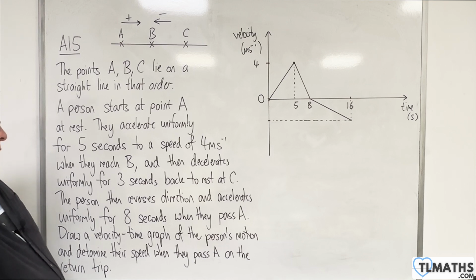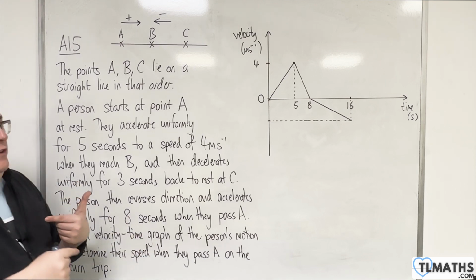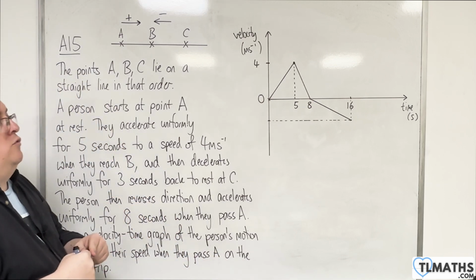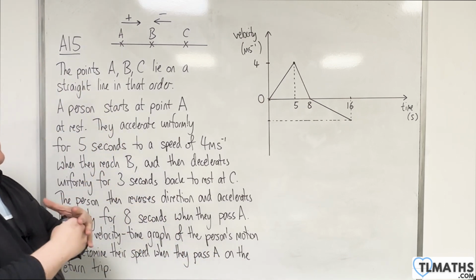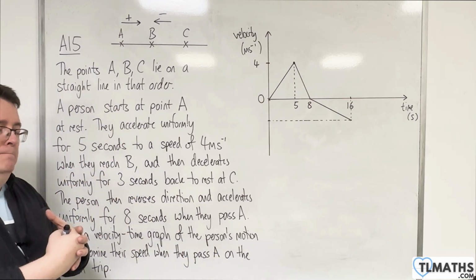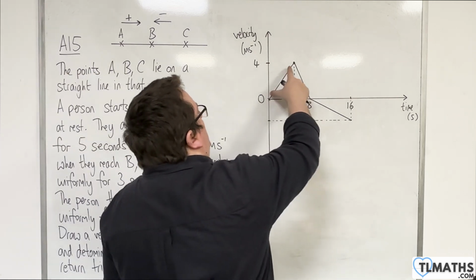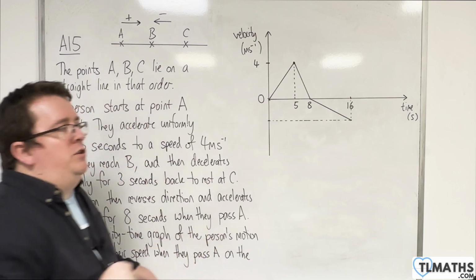Now, what I said before in the introductory video to kinematics is that when you're looking at a velocity time graph, in order to work out displacement, the area between the line and the time axis is what you want to look for.